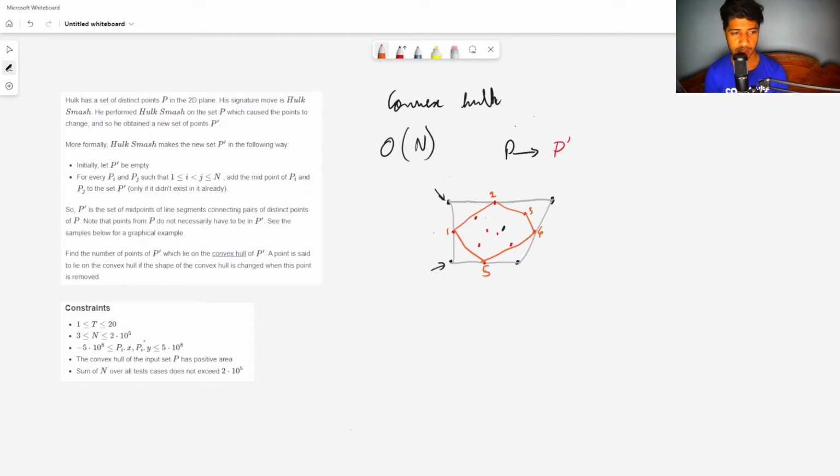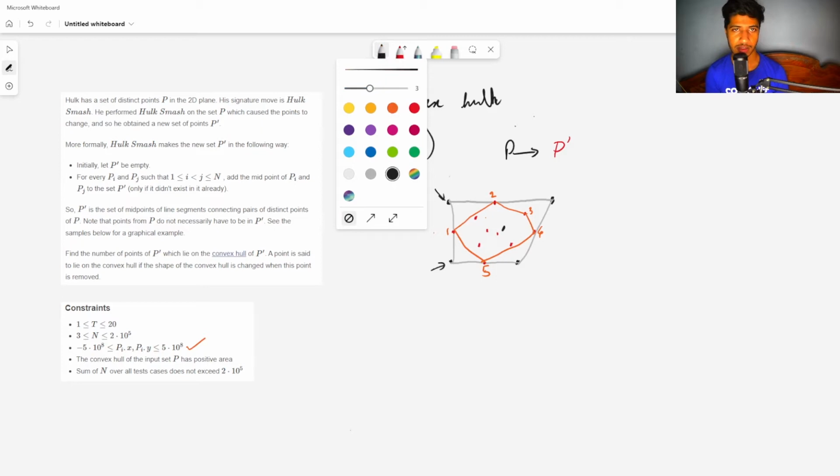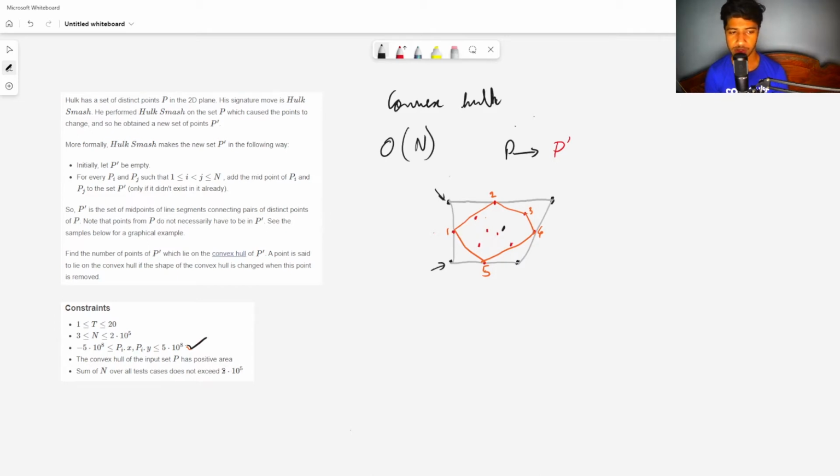The coordinates of the points lie from minus 5 into 10 power 8 to 5 into 10 power 8. The sum of n over all test cases does not exceed 2 into 10 power 5, so the number of points does not exceed 2 into 10 power 5.